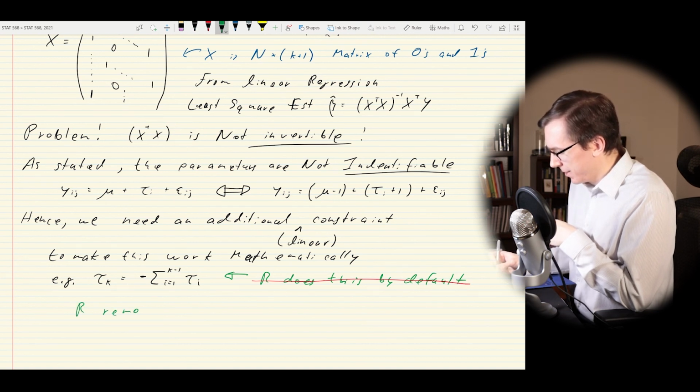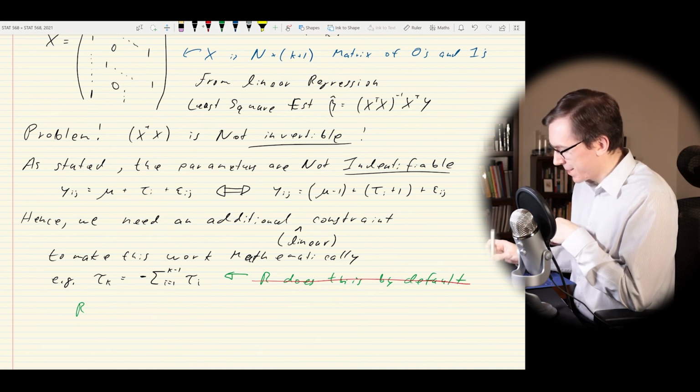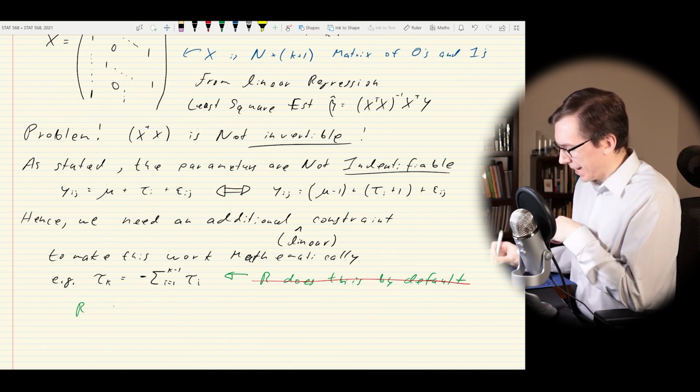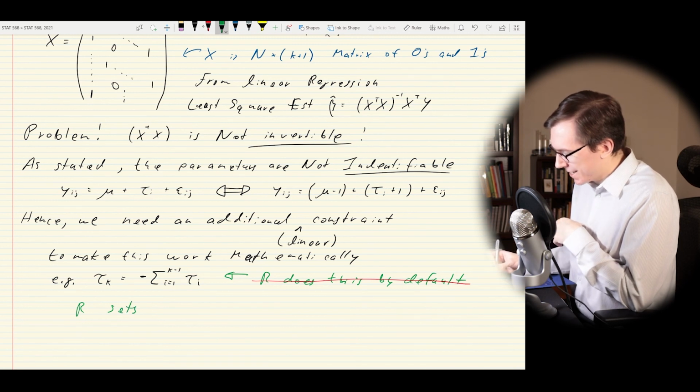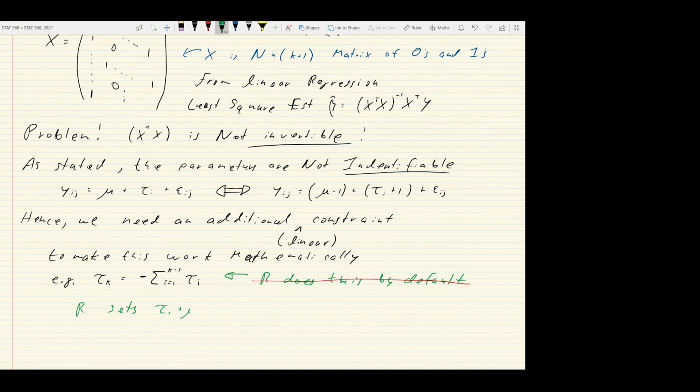R removes the global, well, okay, how do I want to say this? R sets tau_1 plus mu to be the global mean.